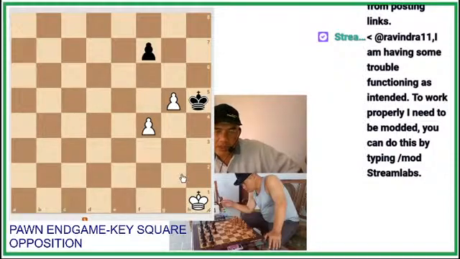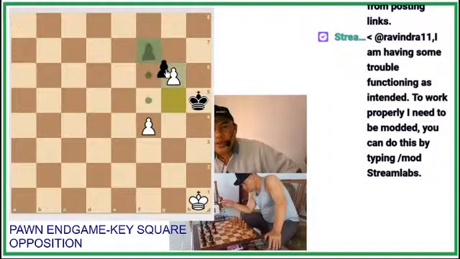So by knowing that, white, who knows his pawn is losing, tries to make this pawn move by giving his pawn. So he sacrificed his losing pawn here and makes this.